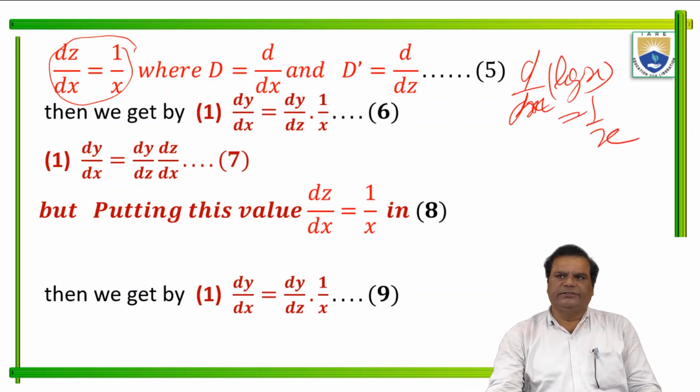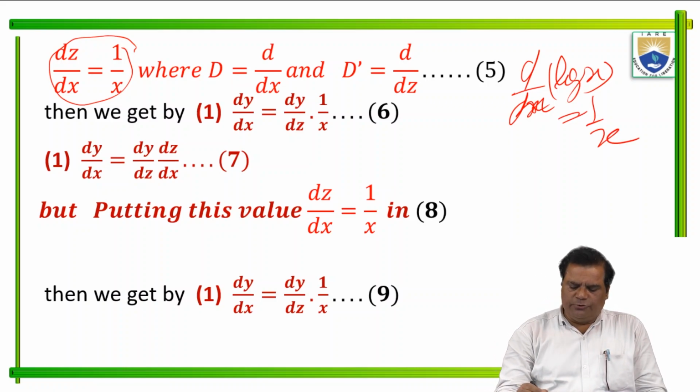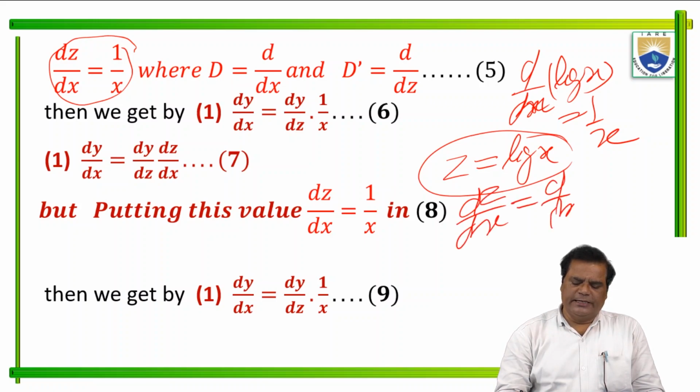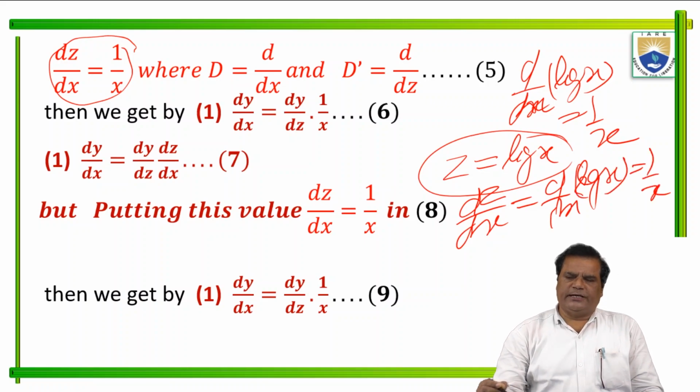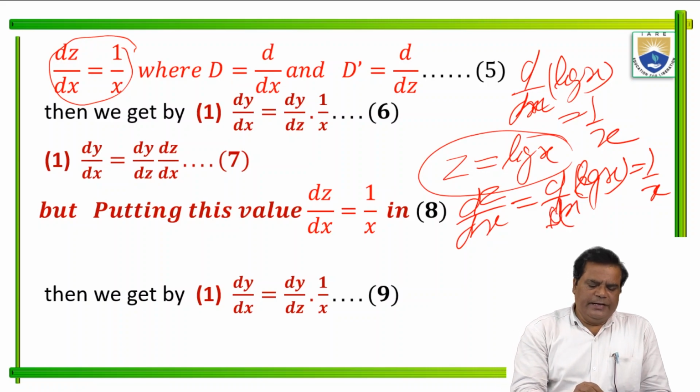So given z equals log x, differentiating with respect to x, dz over dx is equal to d over dx of log x, which equals 1 upon x. So here we get dz over dx is 1 upon x.